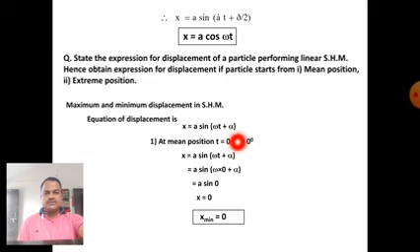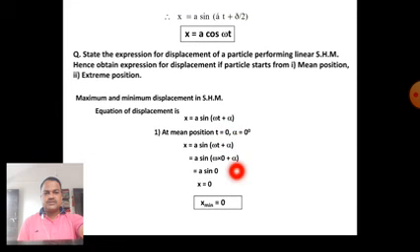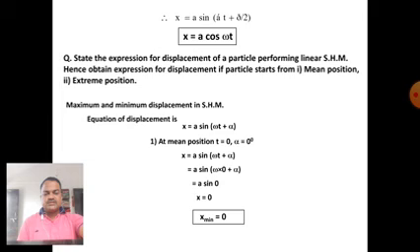Here alpha is equal to 0 and omega t is equal to 0 are used in this equation. So a sin 0, and sin 0 is nothing but 0. So the equation becomes x is equal to 0. It means that displacement at mean position is 0.